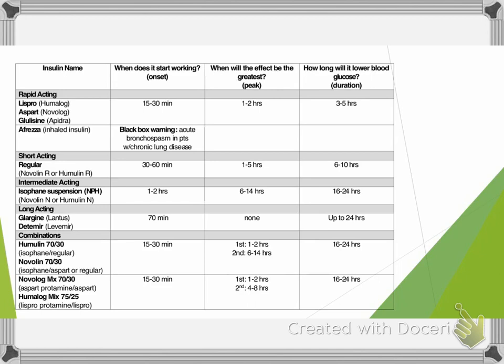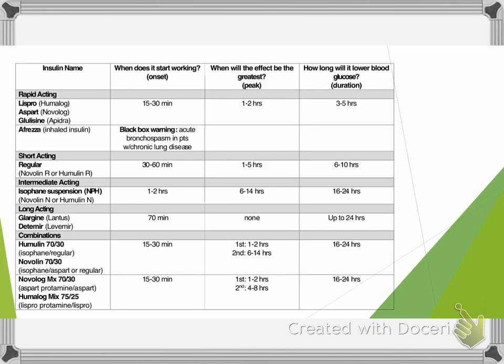Then we see the short acting is a little bit longer. It's about 30 minutes of onset, okay? And it has a peak that can last a little bit longer, and the duration of action is a little bit longer. And you see as we go to the intermediate acting, the onset's a little bit longer, peak's a little bit longer, and the duration of action's longer. And then again with the long acting.